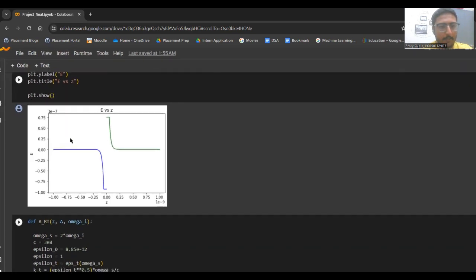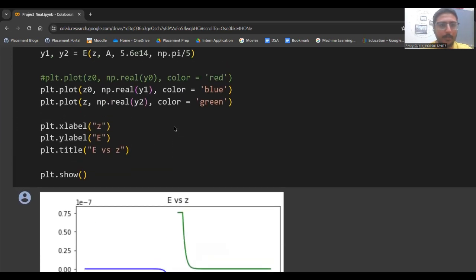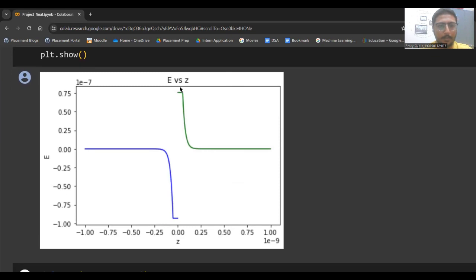In the graph, this is the propagation direction, the y-axis is the electric field, and we are showing the real values. As you can see, the green part is significantly larger than the other part.